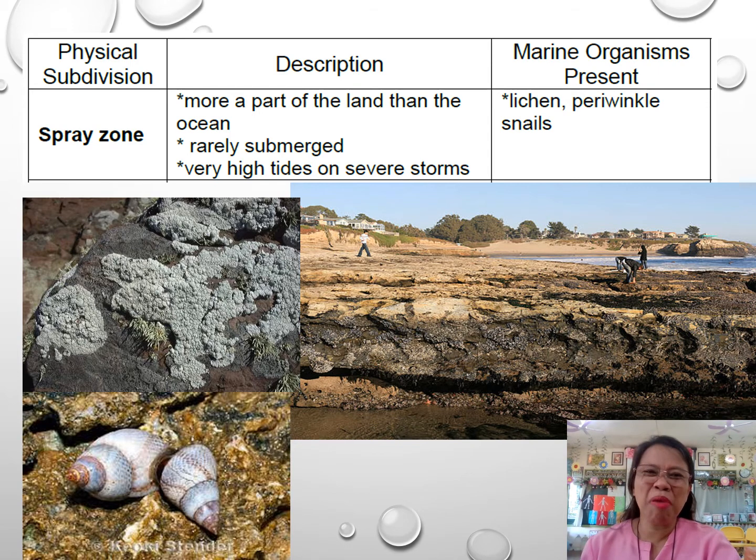Tingali kung naibagyo, mananara. Very high tide or severe storms. Mabasa lang kung naigrabe kaayo kataas ang tubig, high tide, or kung naibagyo wherein kusog kaayo ang bow. What are the marine organisms that can be found here? We have lichen, the periwinkle, the snails, diba? Nakita niyo sa illustration nga gipakita.